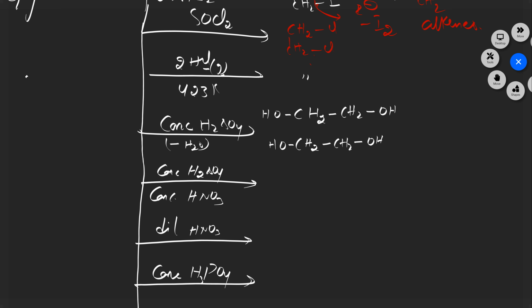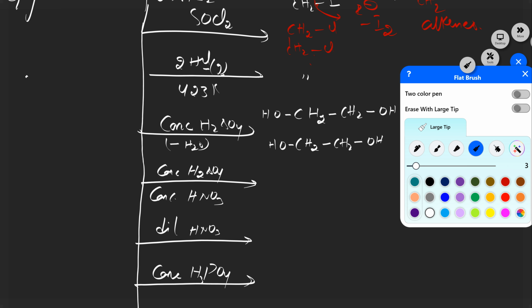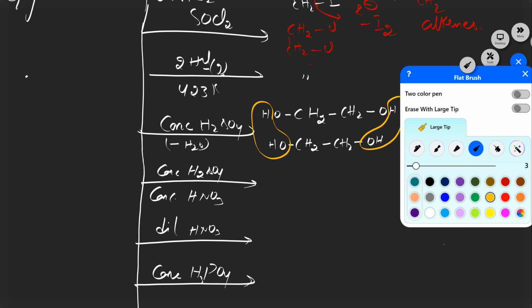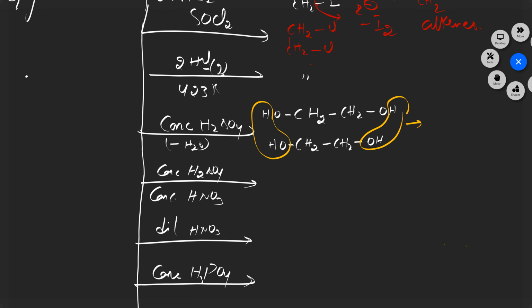If you observe, there is a loss of water molecule from these two glycols. This is one water molecule, and one more water molecule. It is going to form cyclic ethers.